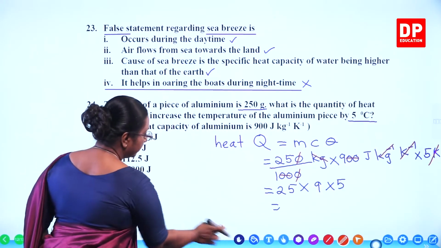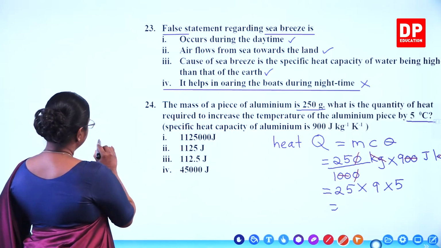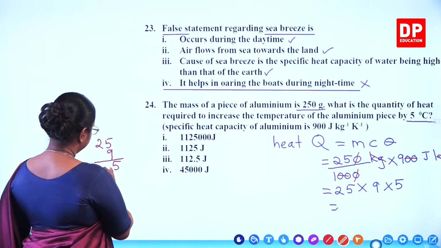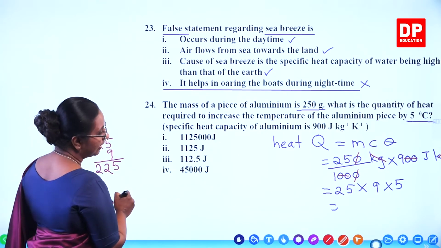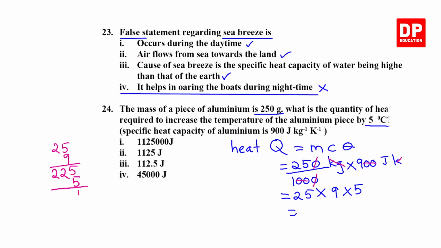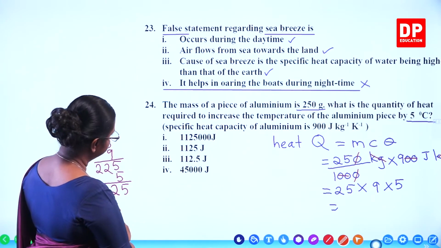So if I do the calculation here, 25 into 9, that is 225, so 225 into 5, that is 1125.